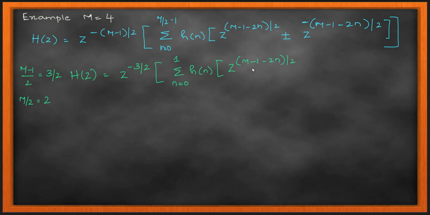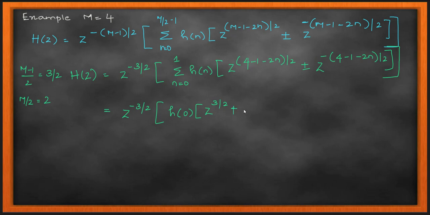So I get z to the power of (m minus 1)/2 to be z to the power of 3 by 2. Then plugging in the values and expanding, I'll be getting something like this. So let me write it for you. This is h of 0 into z of 3 by 2 plus or minus z of minus 3 by 2, plus h of 1 into z of 1 by 2 plus or minus z of minus 1 by 2.